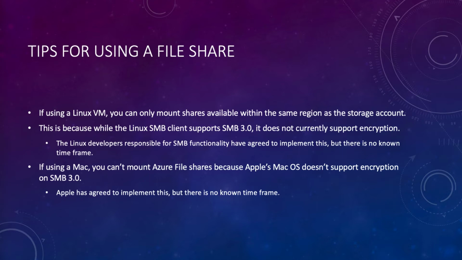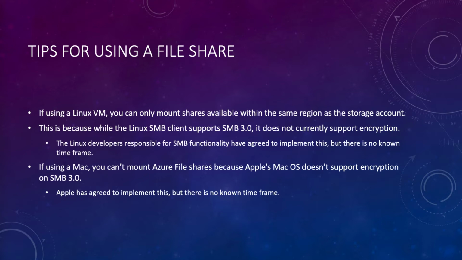So if using a Linux VM, you can only mount shares available within the same region as the storage account. This is because while the Linux SMB client supports SMB 3.0, it does not currently support encryption. So going back to what we said at the beginning, it's all about the encryption and the fact that unencrypted information cannot traverse between regions of the Microsoft Azure infrastructure.